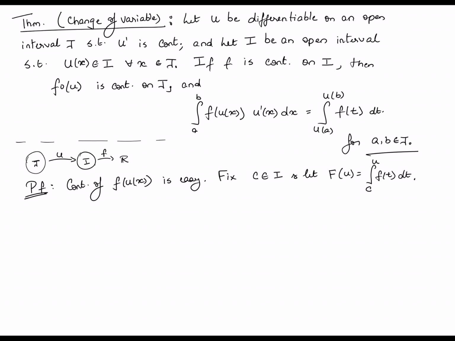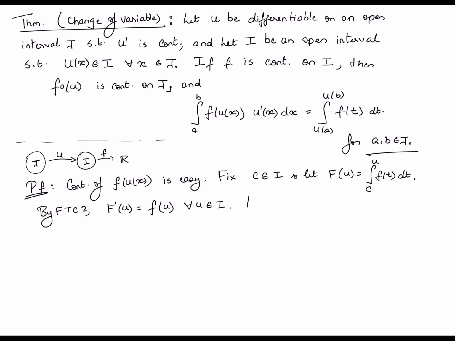Now by FTC2 we know that the derivative of capital F of u is in fact equal to small f of u for all u in I. Why is this? Well, because you have to verify that the hypotheses of FTC2 are satisfied, and they are satisfied because we have assumed f to be continuous. Because f is continuous, the derivative of its running integral will match itself. Okay, so therefore we have this.